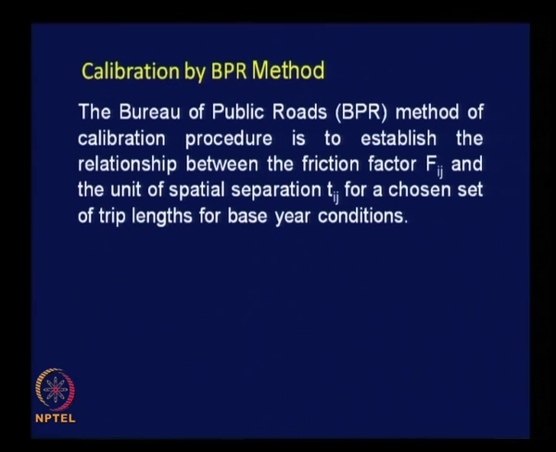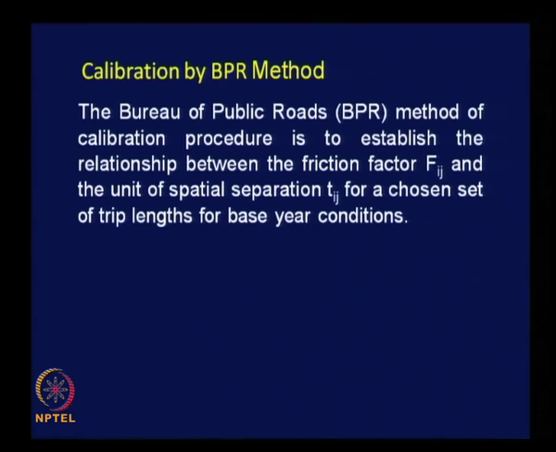Now, with this understanding, let us look into the details of the calibration procedure as recommended by the Bureau of Public Roads, which is most commonly adopted as of now, because assuming a single functional form for any travel time is not working well in practice. So, there is a need to have different functional forms based on the travel time implication. That is why the BPR method is used in most cases.